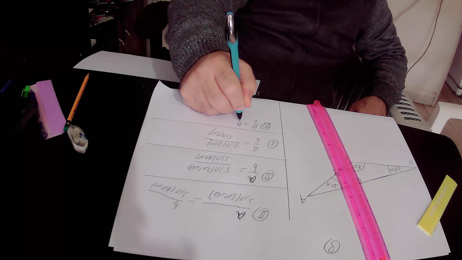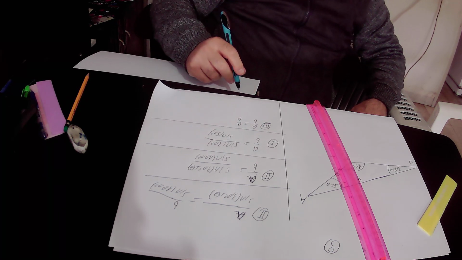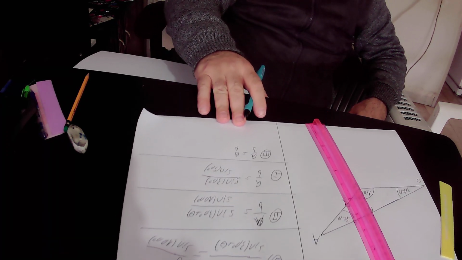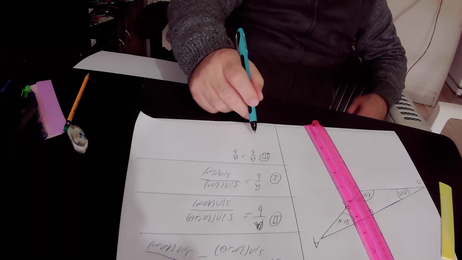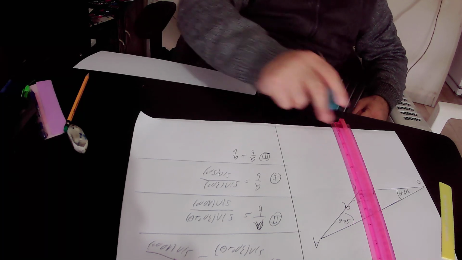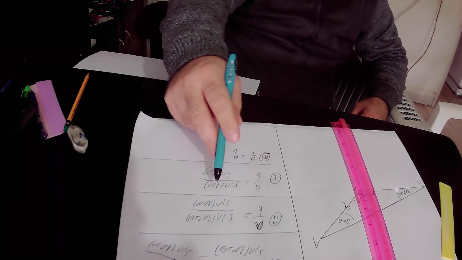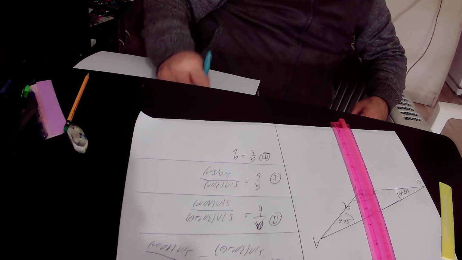Okay, I repeat again. Equation number 3 states that A over B according to equation number 1 equals A over B according to equation number 2.